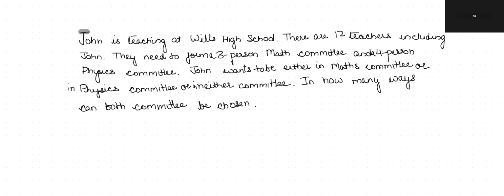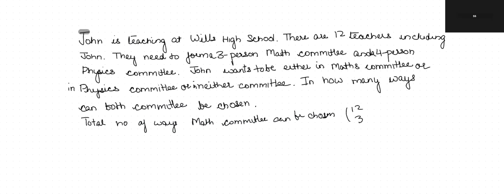First we'll find the total number of ways the math committee can be chosen. The total number of ways the math committee can be chosen will be 12 choose 3.